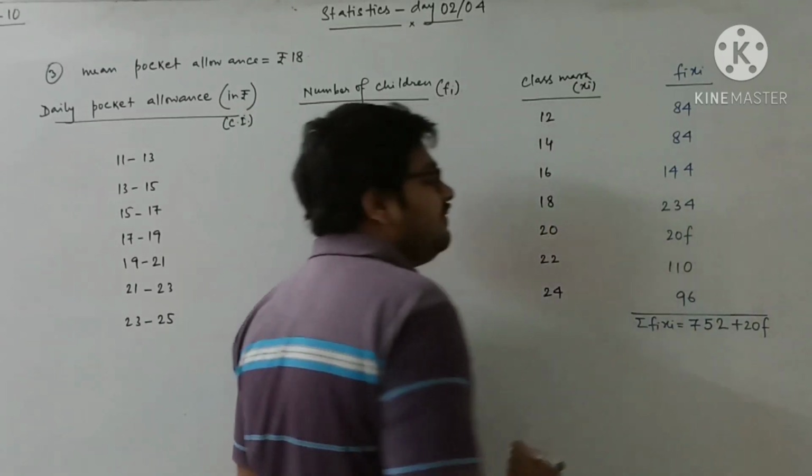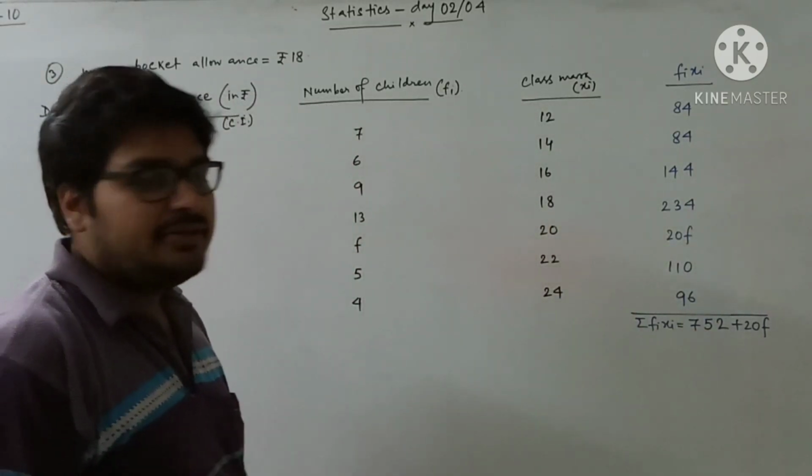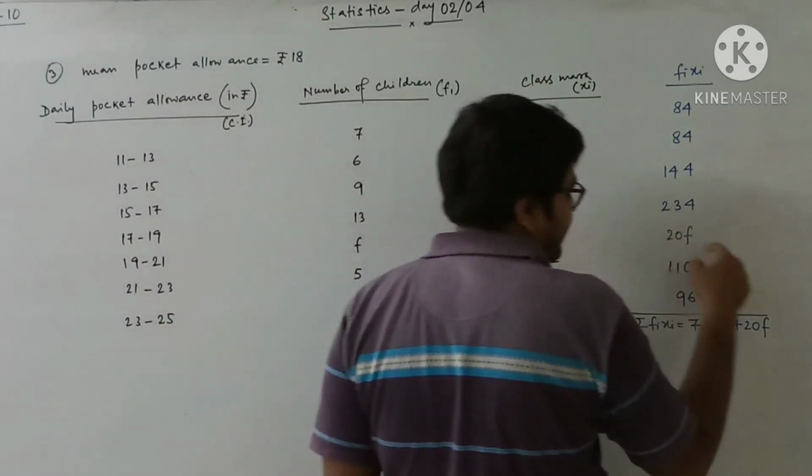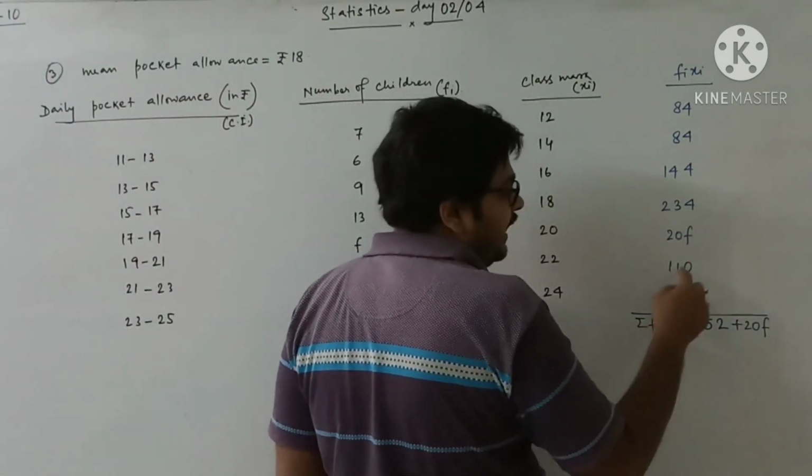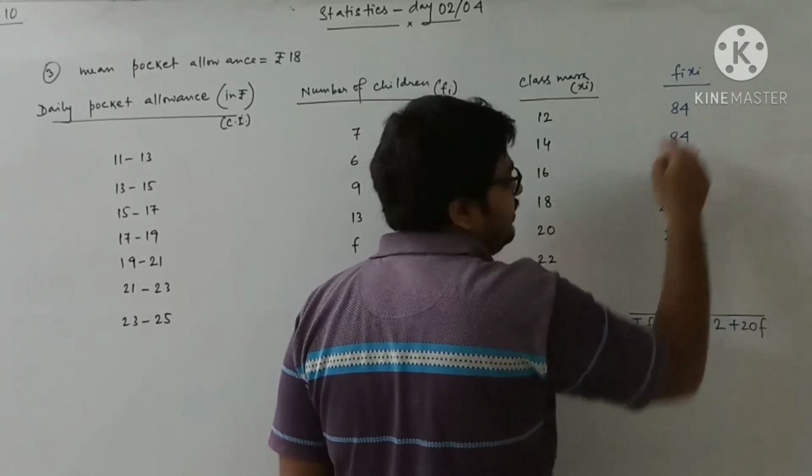So 752 plus 20f. Once you check the calculation properly, these are the numbers which we have added already.